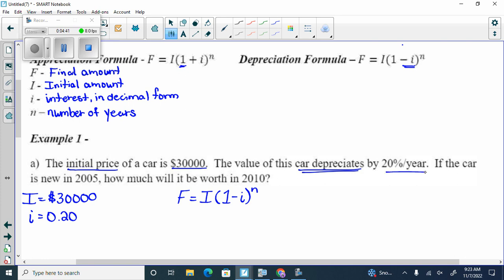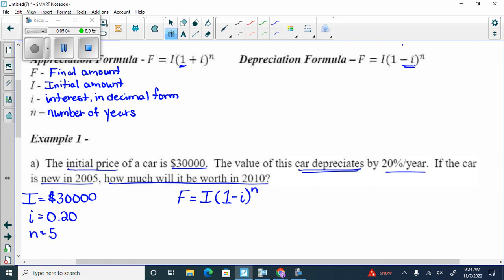So it depreciates by 20% per year. So how much is left? If it's depreciating by 20%, how much is left? 80%. That's why this is going to become 0.80, right? Once we fill it in. If the car is new in 2005, how much will it be worth in 2010? What are they giving me there? Number of years, how much is it? 5.